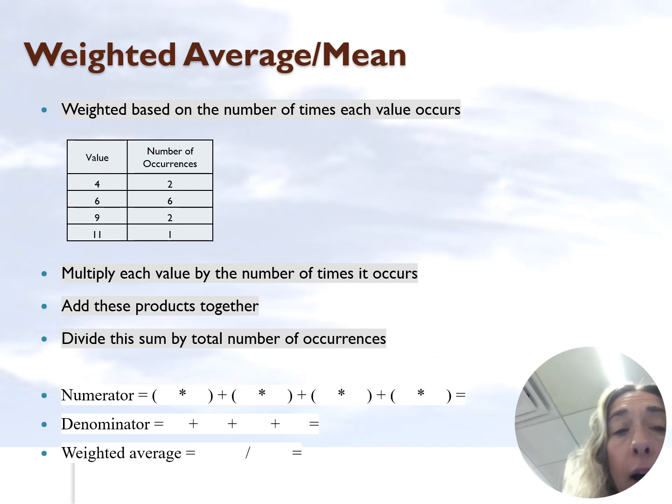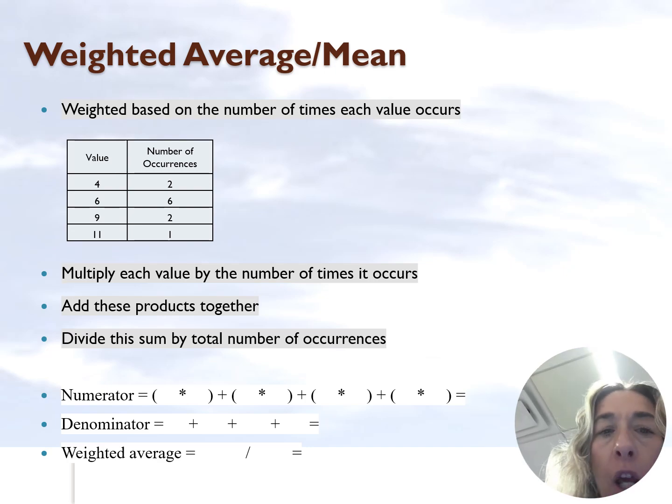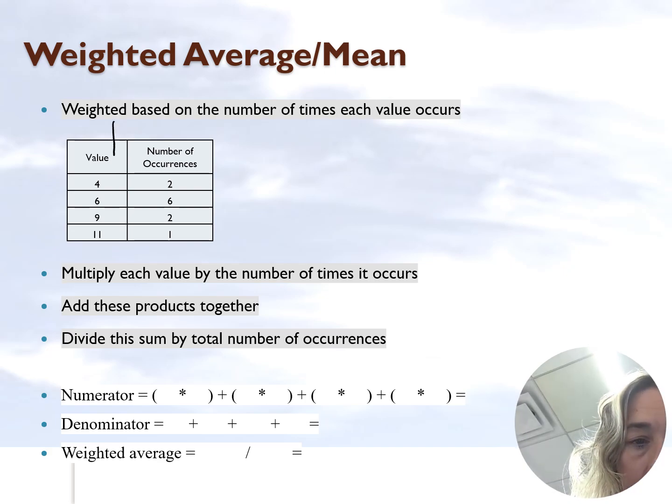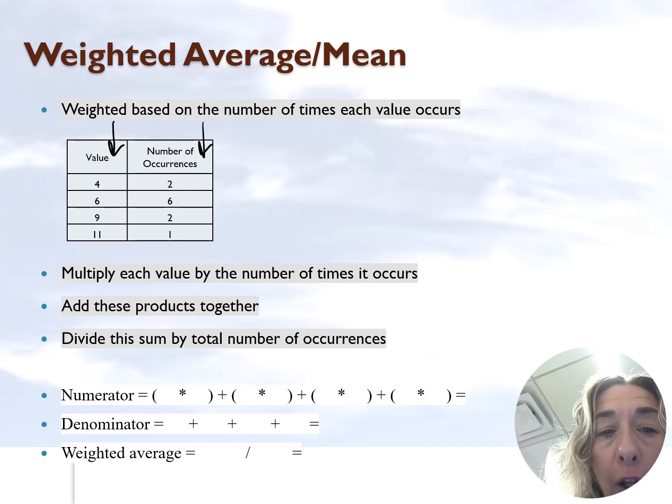Okay, now let's look at the table that is shown here. What that table is saying is that these are the values in my data set. I have the values 4, 6, 9, and 11. And in the right-hand column is the number of times each value occurs.